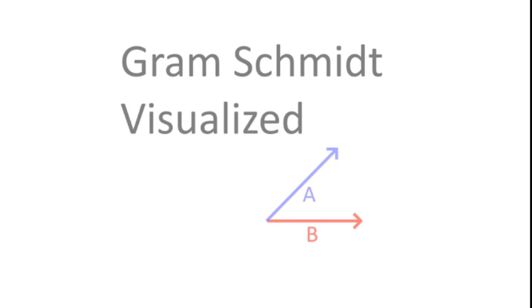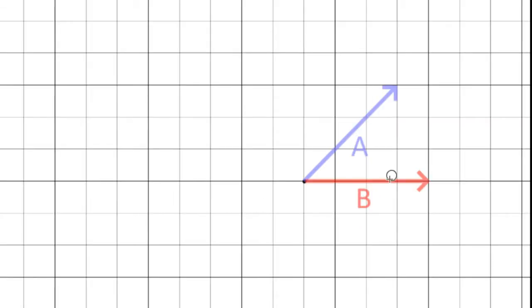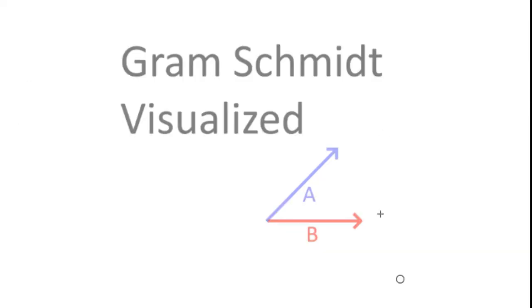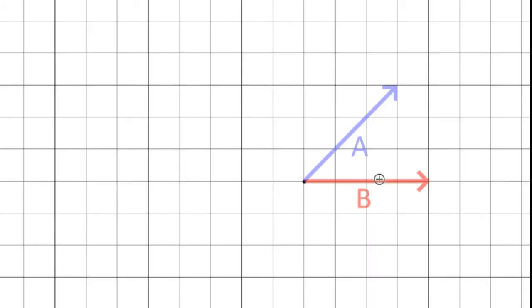So with the Schmidt process, what we want to do is, if we have two vectors A and B, and if the two vectors span whatever vector space you're working in.